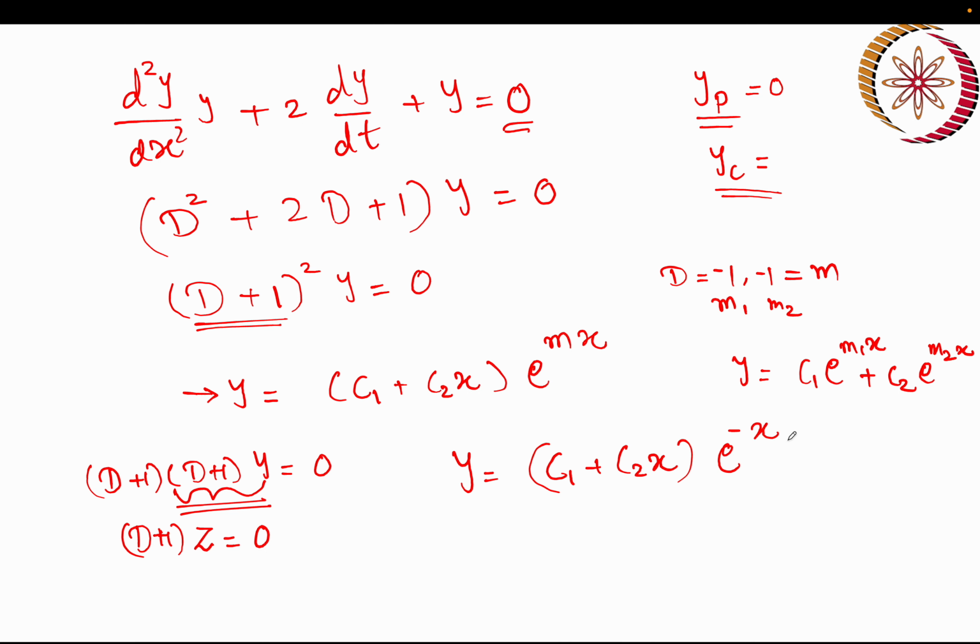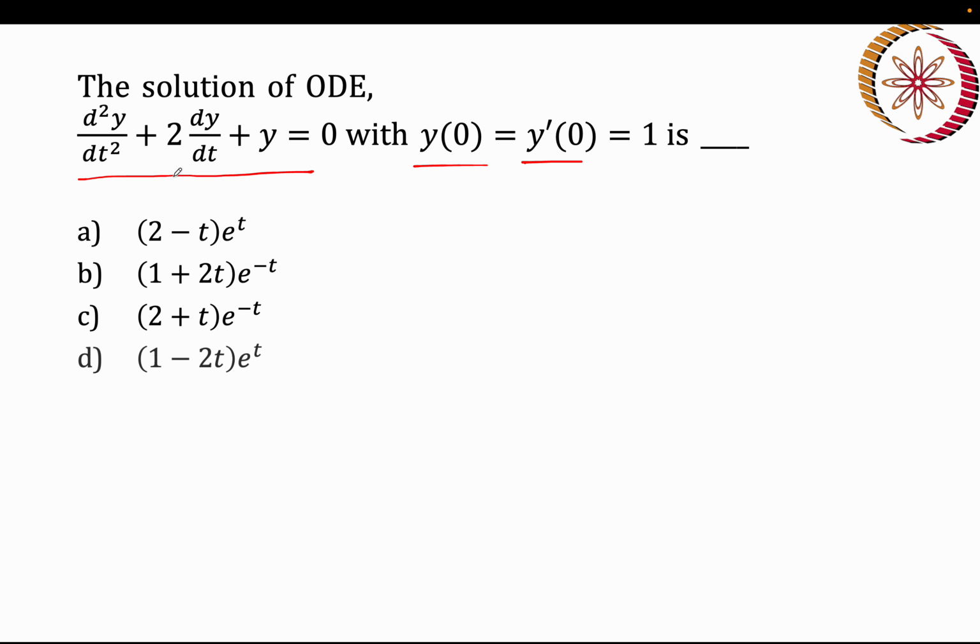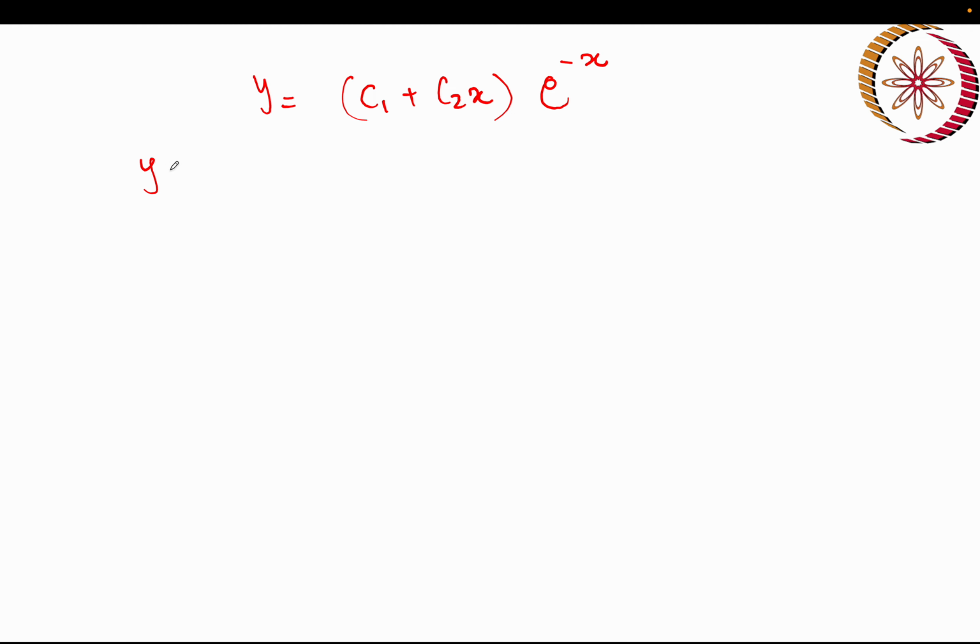Okay, so this is the solution, and now we substitute the initial conditions that have been given. So what conditions are given? Both y and y prime are 1 at x equal to 0. So y at 0 is equal to 1, and y prime at x equal to 0 is also 1.